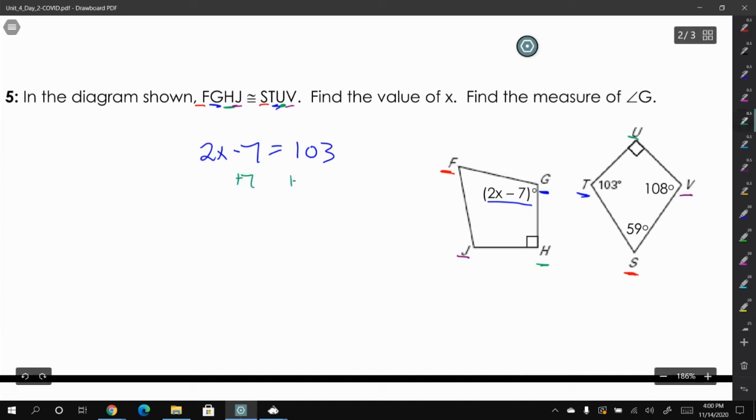So then we can add 7 to both sides. 2x equals 110. And when I divide both sides by 2, I get x equals 55.